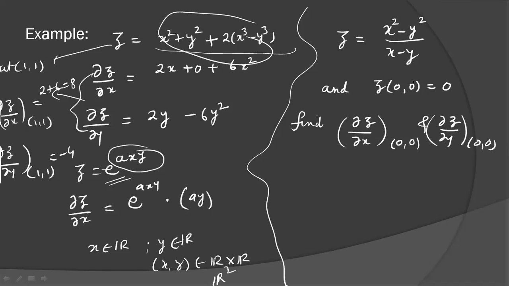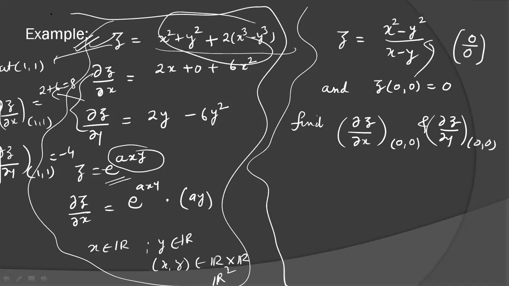So at 0 comma 0, this function is not defined. It is 0 by 0 form, means indeterminate form. Whenever you get indeterminate form, you always apply the limit definition. Limit definition will work in every case. But if your function is not in the indeterminate form, you can go by this method also, which I have discussed up to now. But if your function is in indeterminate form, you have to use the limit approach for finding the partial derivative. So what will be the partial derivative?